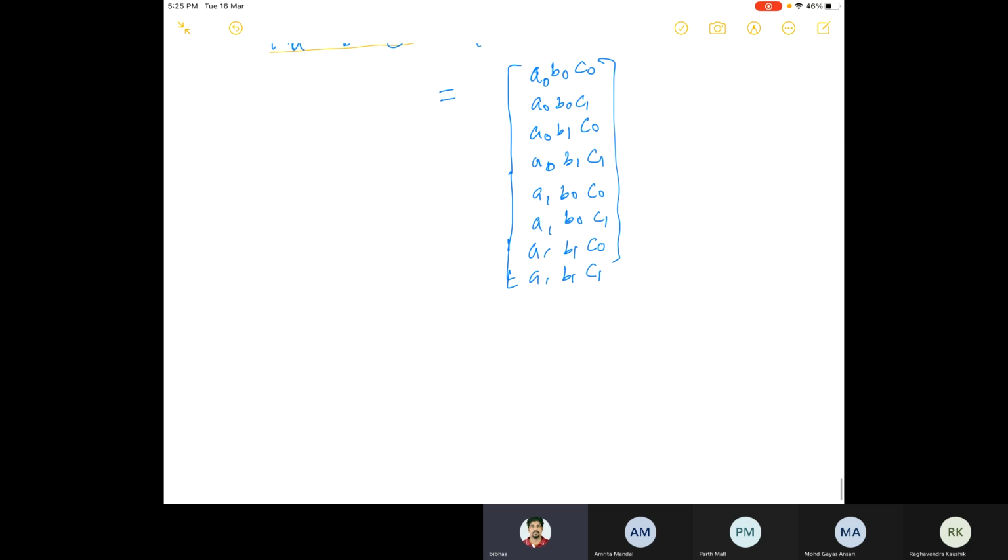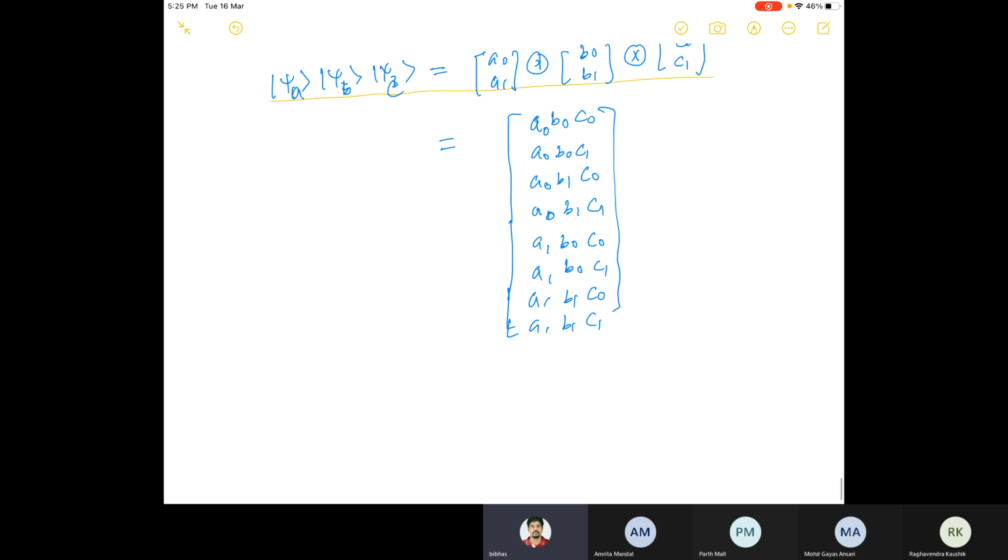Now what do I want? I want a matrix such that if I multiply it with this vector, it should reverse the order of these entries. This is what it should do.